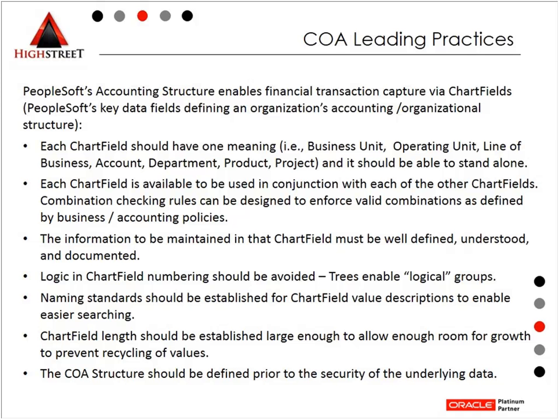So it's important to go over those basics with that core team, make sure the whole core team understands how that functionality works. Because as they're making their decisions about the different chart fields, they will always think of situations where there are combinations they never want to see and there are combinations they definitely do want to see. By working with their combination edits and planning for that, you can end up with the right infrastructure to support the design.